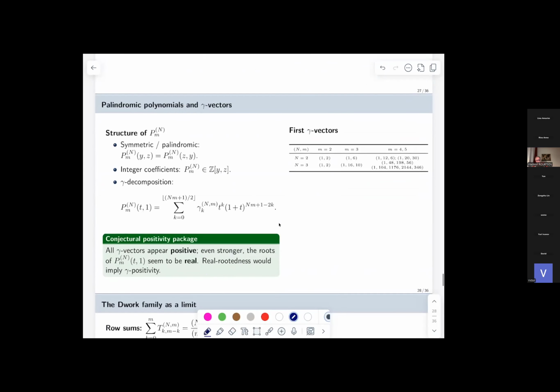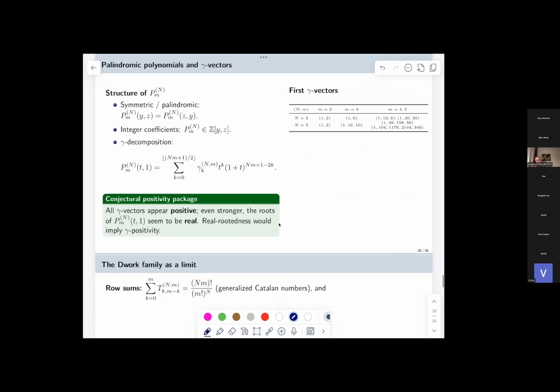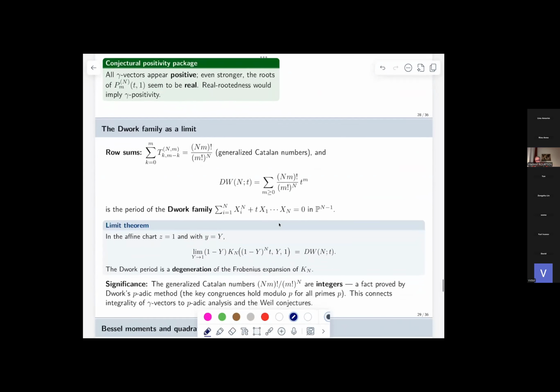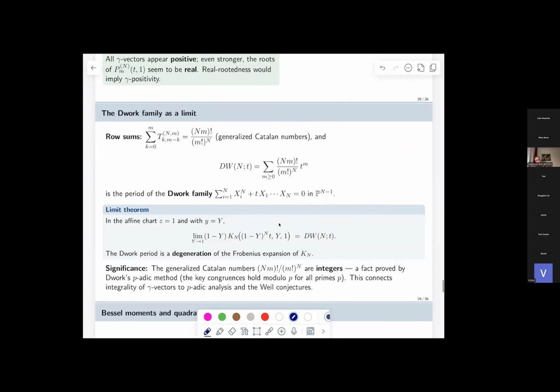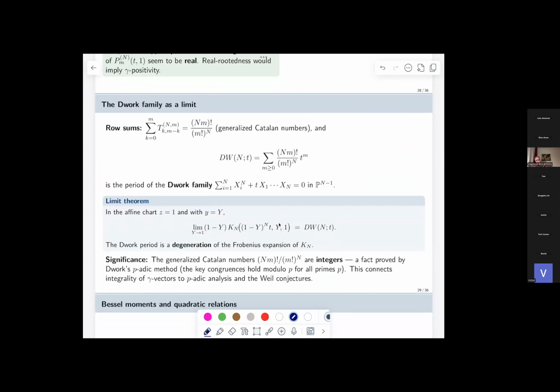And then we obtained some theorems about palindromic polynomials, and also established some relation between our kernels, Landau-Ginzburg superpotentials, and so-called Dwork polynomials in P^(n-1).